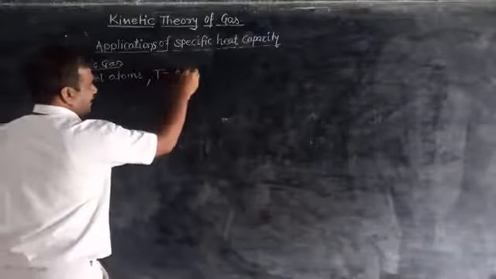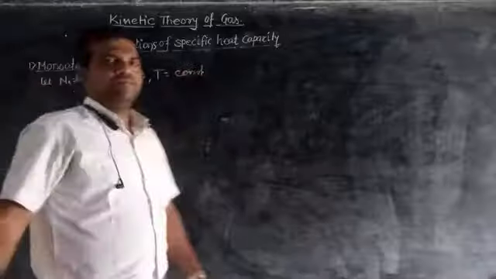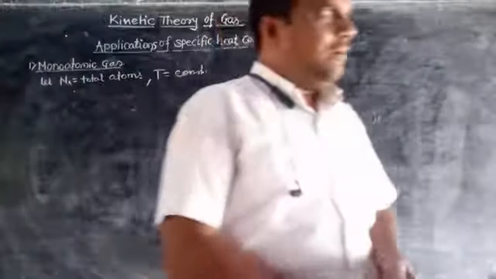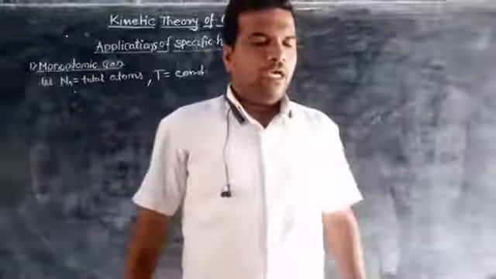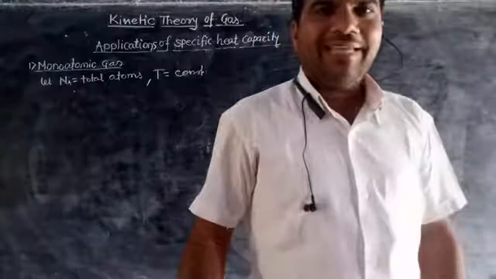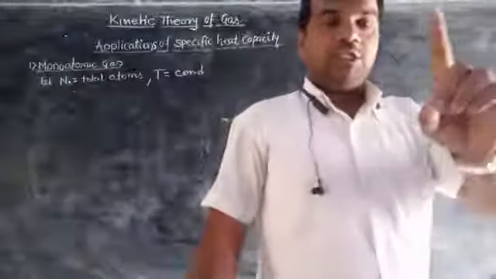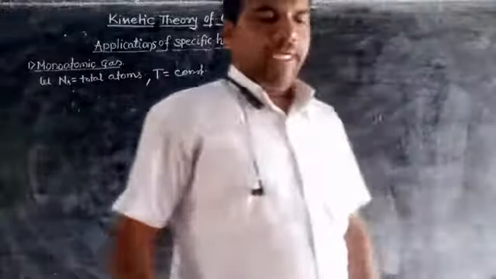Temperature is constant, and as there are total number of atoms Na, each atom has only 3 degrees of freedom because it is a monoatomic gas.